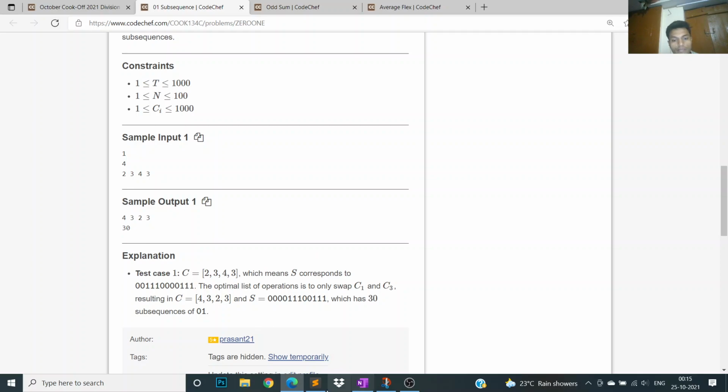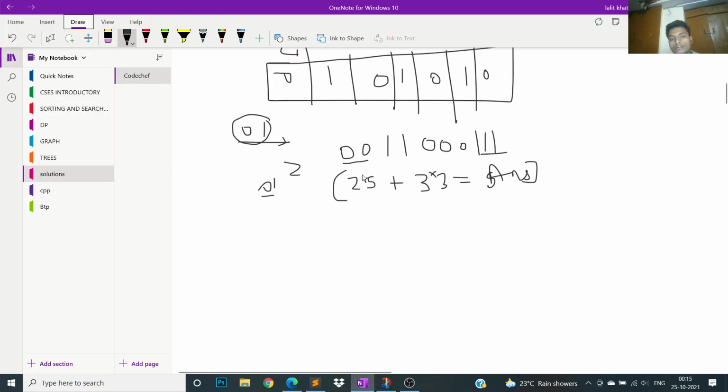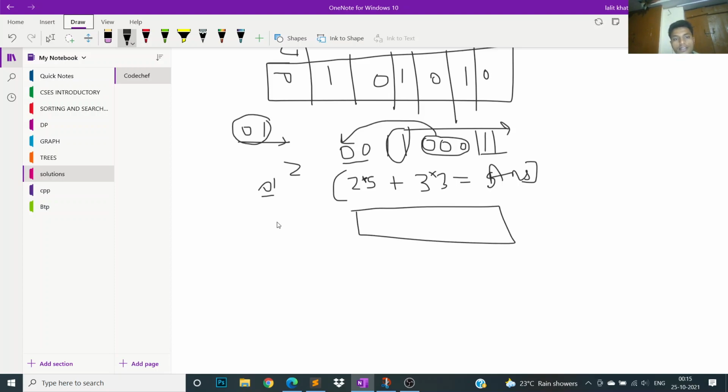Yeah, we have to maximize this. So how can we maximize? The maximum number of zeros should come on this side and the maximum number of ones on this side, then this will be the optimal result. So we take different arrays, zeros and ones. Sort the zeros in decreasing order and the ones in increasing order, and you will get the answer.